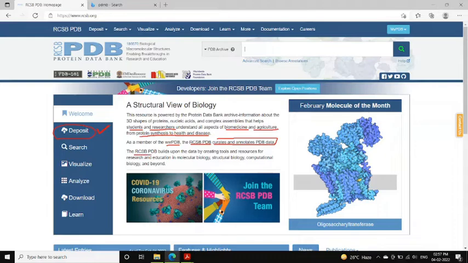The RCSB PDB builds upon the data by creating tools and resources for research and education in molecular biology, structural biology, and computational biology and beyond. There are various different subjects or fields where this Protein Data Bank is useful.